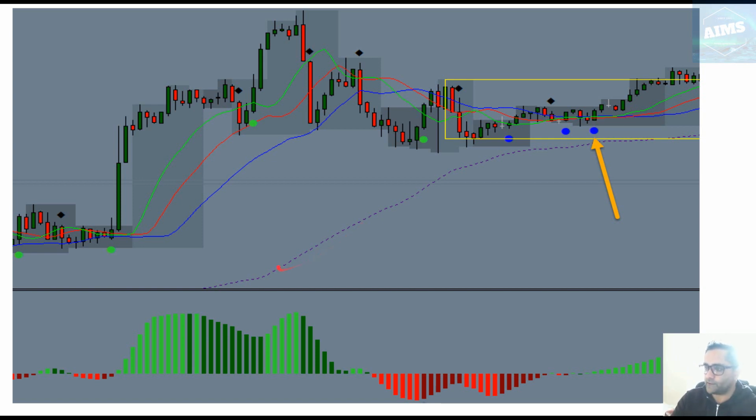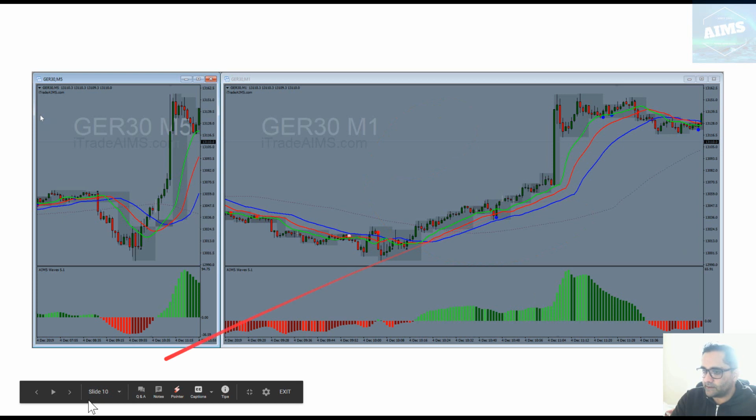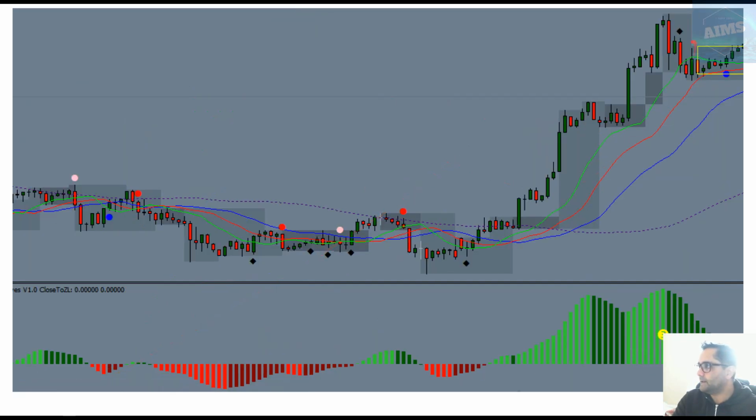Somewhere here. Let's go to the screen instead of my hands. So on one chart, you have this nice lovely pattern, but on the other chart, that pattern is actually just this portion.